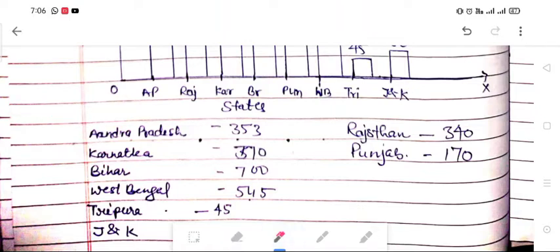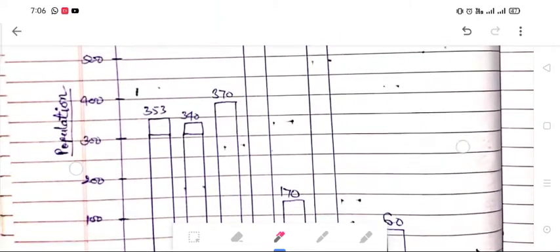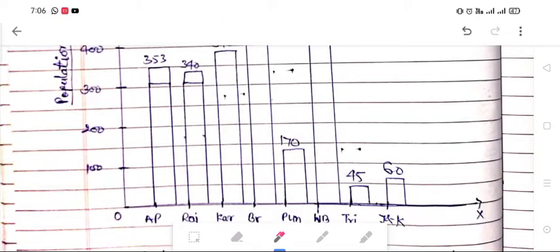Okay, so we have to draw the bar graph using this data. So let's see how we draw the bar graph. For this we have to draw two mutually perpendicular lines that will represent the x-axis and y-axis.